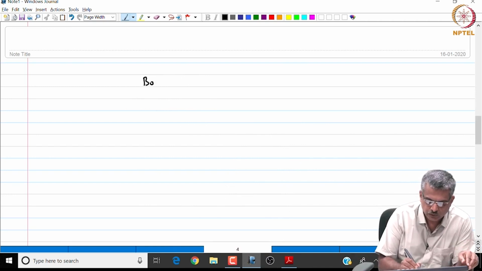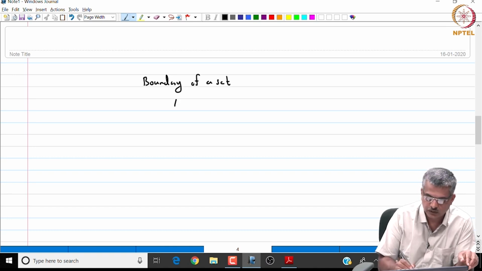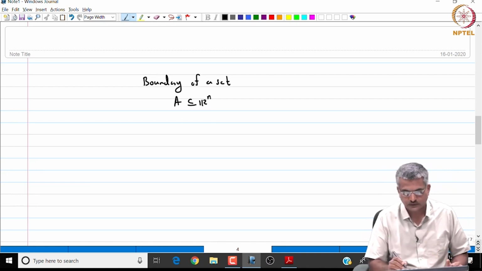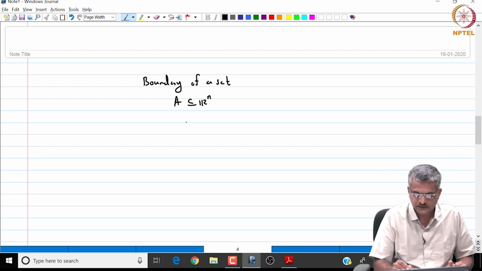boundary of a set. Even though we have been talking about the boundary of a set, we have not formally defined it. So, again A is a subset of Rn and we want to define the boundary of a set. The boundary of a set, denoted by this symbol, is nothing but the closure of A intersected with the closure of its complement.